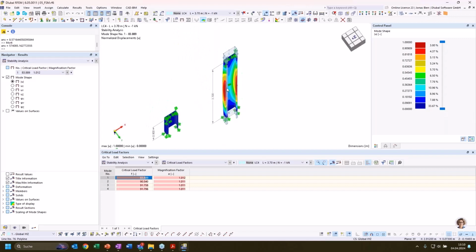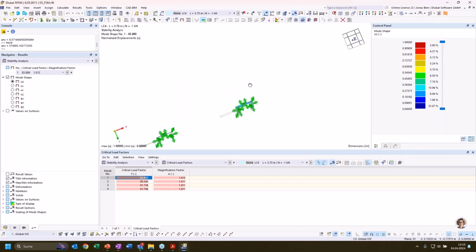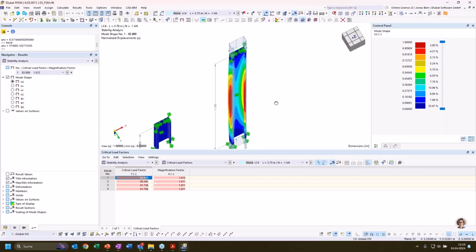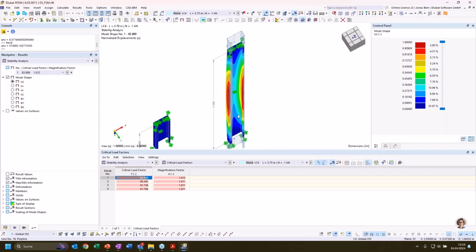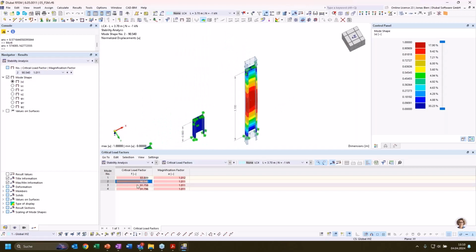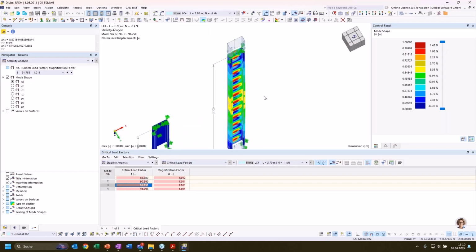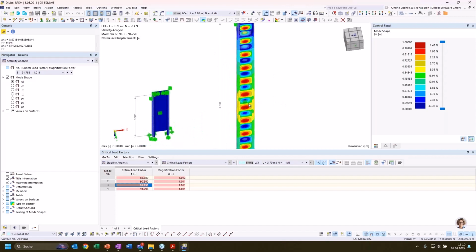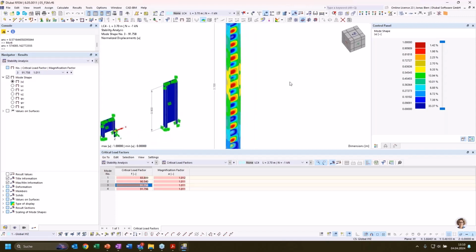So in this case, I don't see any local buckling of the different cross-sectional elements, but the whole section is deforming at midspan. If I check the second mode shape, I have buckling about the weak axis. The third mode shape would be one that also involves local buckling of the web. And this we can only see with such a refined shell model.